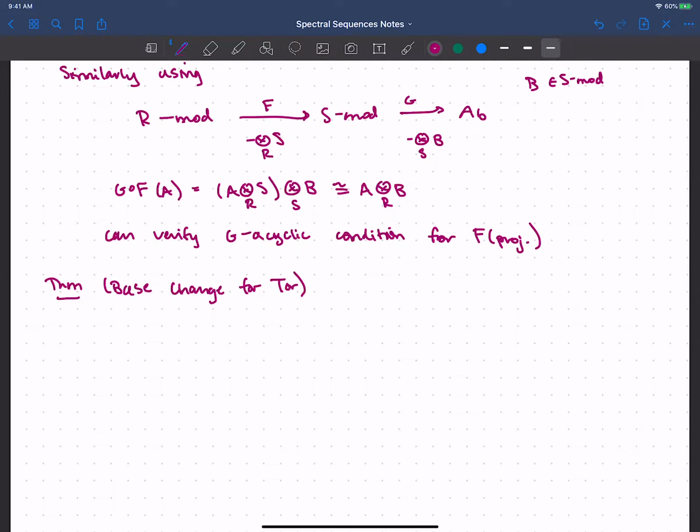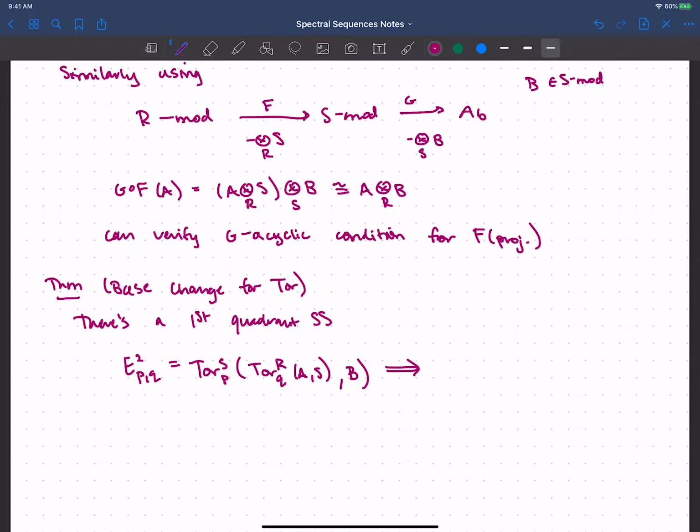So for Tor, the Grothendieck spectral sequence says there's a first quadrant spectral sequence that starts with E2 term coming from the left-derived functors applied to each other. So here that's Tor over S of Tor over R of A with S, and then take that with B.